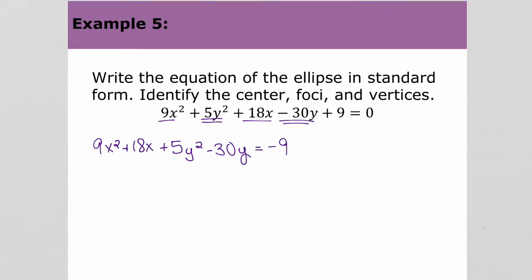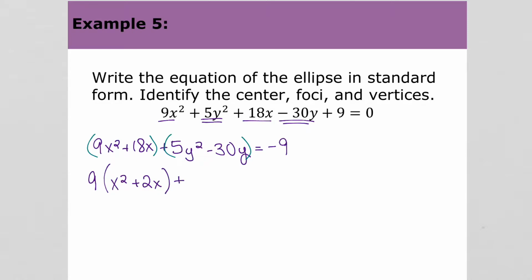is to factor anything we can out of our pairs. So we're looking at a pair here and a pair here. We can factor 9x. Well, we're not going to factor the x out, just the 9 out of this pair. And we'd be left with x squared plus 2x.